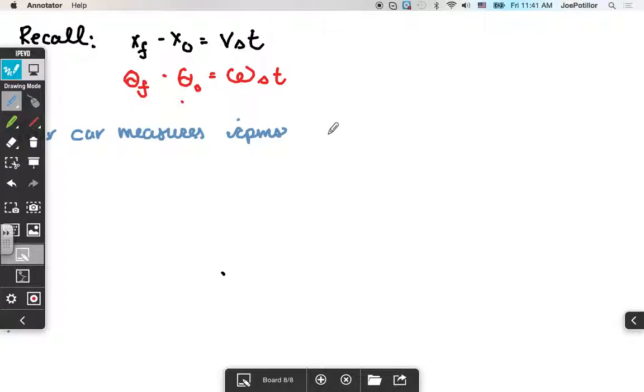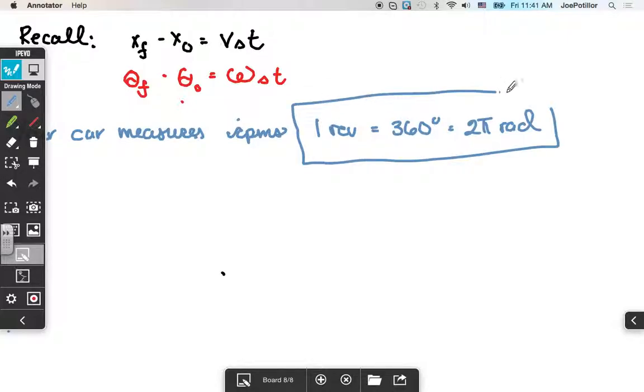So, one revolution is equal to 360 degrees, which is equal to 2 pi radians. So, you got it, like that.